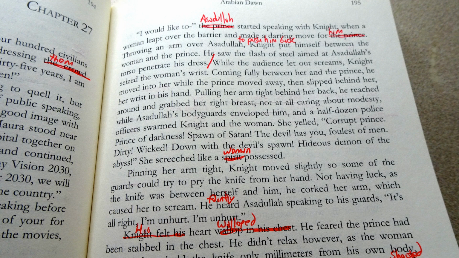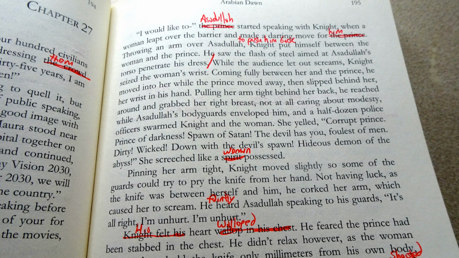In this scene here, Asadullah, the Saudi prince, faces an assassination attempt where this woman tries to stab him with a knife. At one time I read something, I think about a British prince who was attacked at one point, I think by a woman, and he told the crowd, it's okay, I'm unhurt, this woman is mentally ill, don't hurt her.